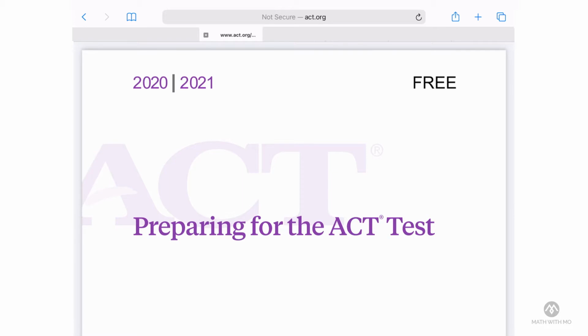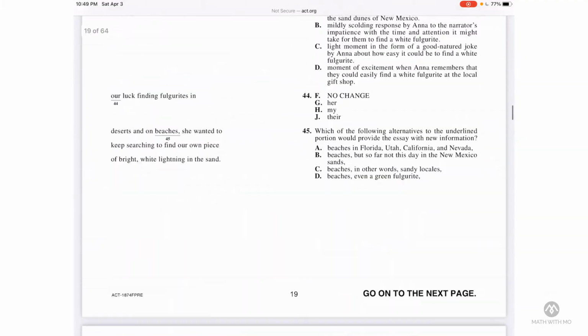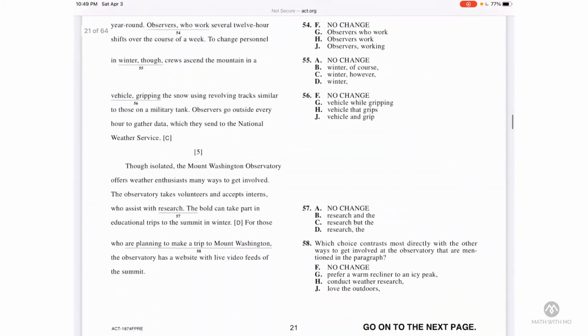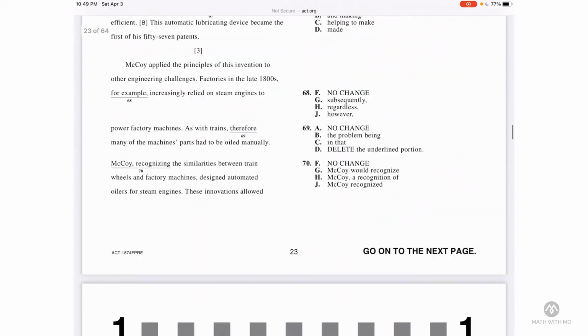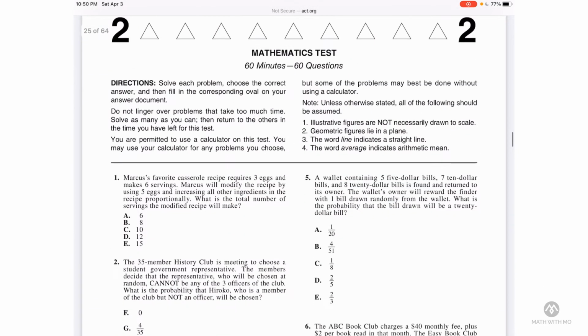In this course, I'm going to go through the ACT official practice tests for 2020 and 2021. I'm going to go through the math problems, which consist of 60 problems, so you can download these sets of questions from the ACT website and go over them if you're preparing for the ACT test, and then after that you can watch this course, and this course is for free.